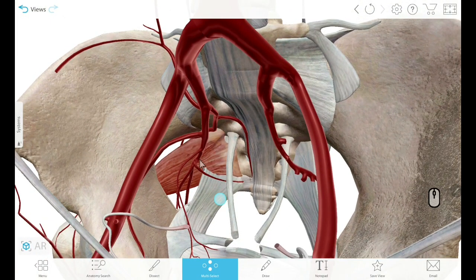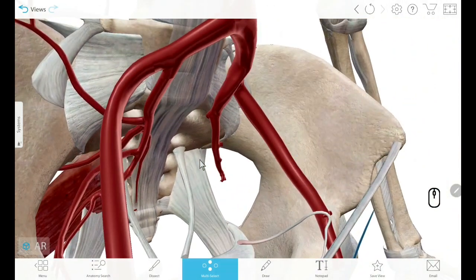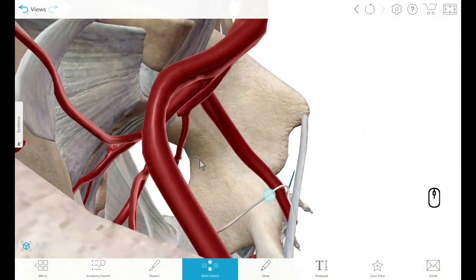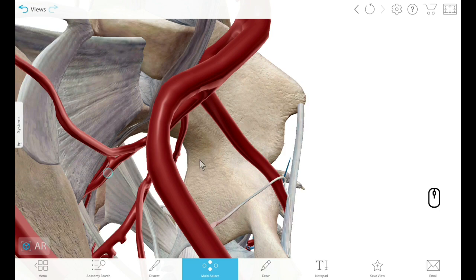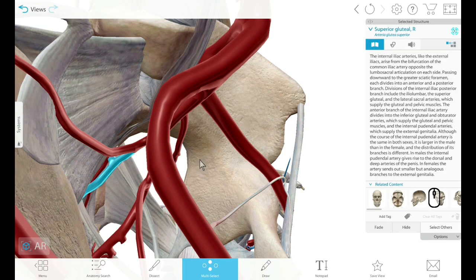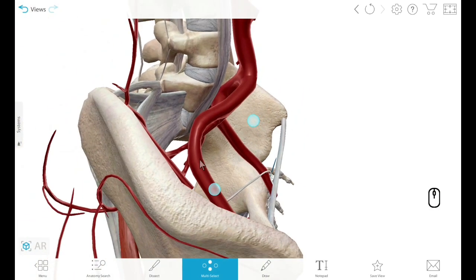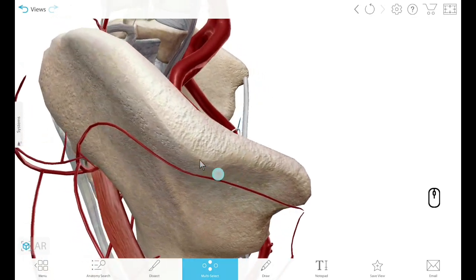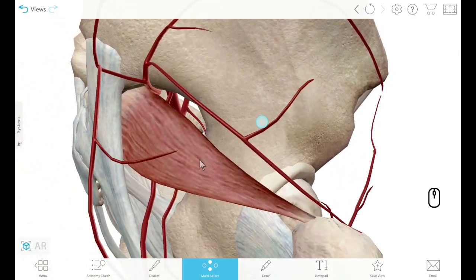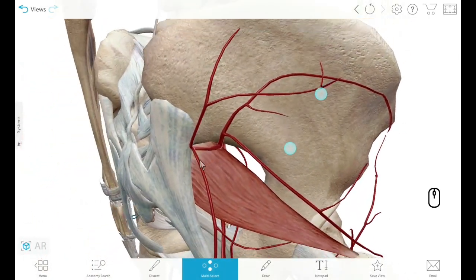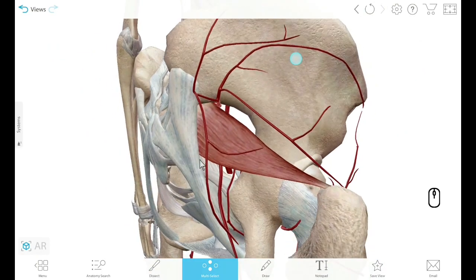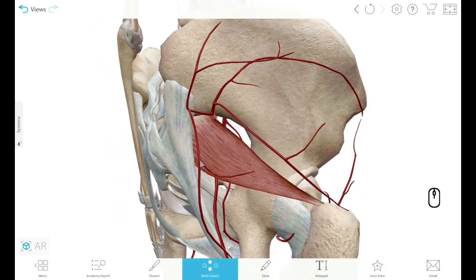Rotating the model, we can see that the superior gluteal artery, after being given off from the posterior trunk of the internal iliac artery, enters the greater sciatic foramen and comes to lie in the gluteal region above the superior border of the piriformis muscle.